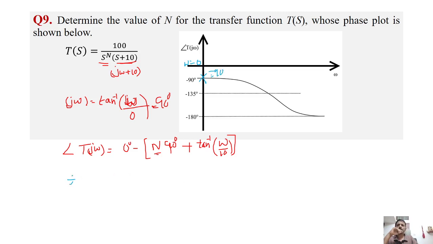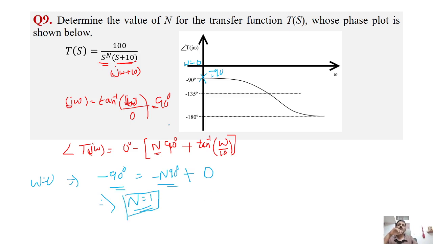Substituting this, at omega equal to 0, the left side will be minus 90 degrees, equal to minus n into 90 plus tan inverse of 0, which is 0. So minus 90 equals minus n into 90. So what is the value of n? n will be equal to 1.